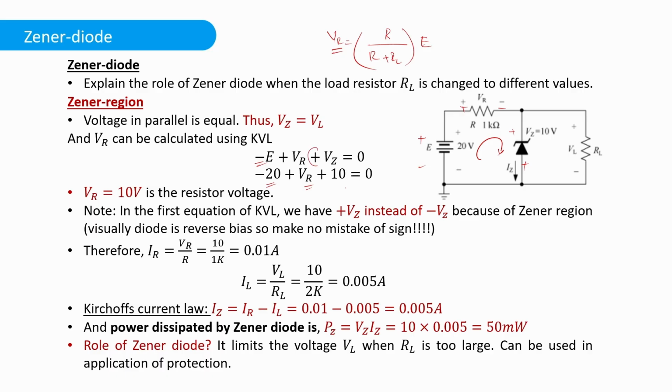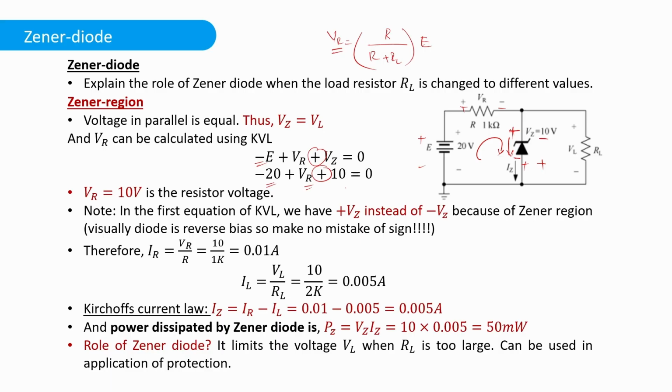We have plus VZ. If you look at the diode, this is the plus terminal and this is the negative terminal. But that's the key concept of Zener diodes, that they operate in reverse bias. So once the current starts to flow through it, this polarity becomes plus and this becomes negative. That's why we are writing plus over here.